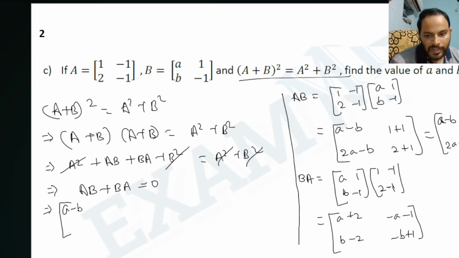How do we add two matrices? We add the corresponding elements. That means A11 will be added to B11.